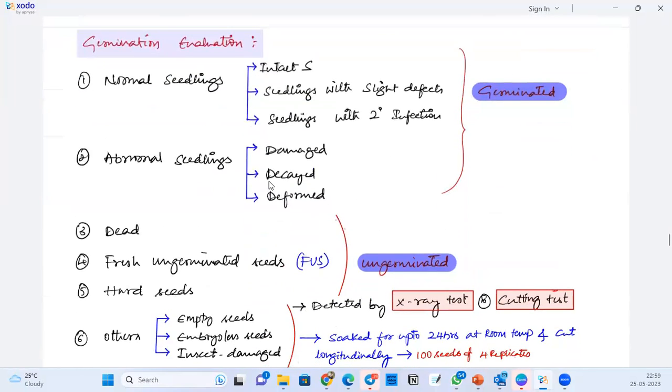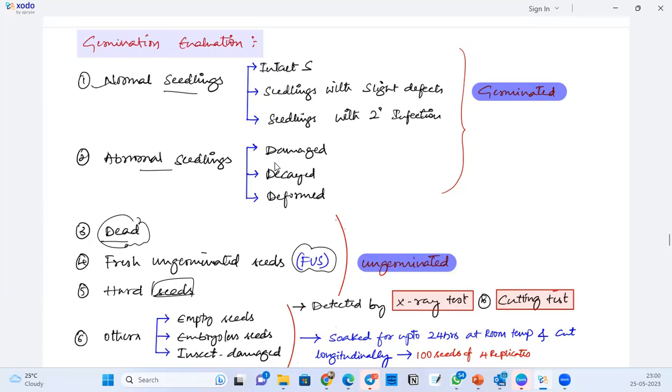Next, germination evaluation. Now we have talked about germination. Once radicle emergence takes place, seeds are divided into categories: normal seedlings, abnormal seedlings, and dead seedlings, plus other categories like FUS, fresh ungerminated seeds, and hard seeds.